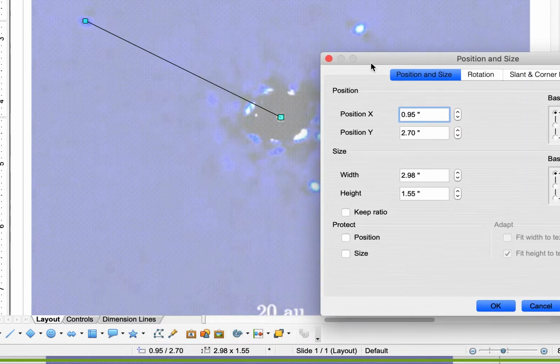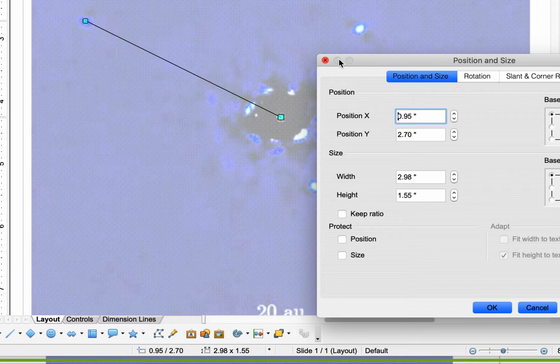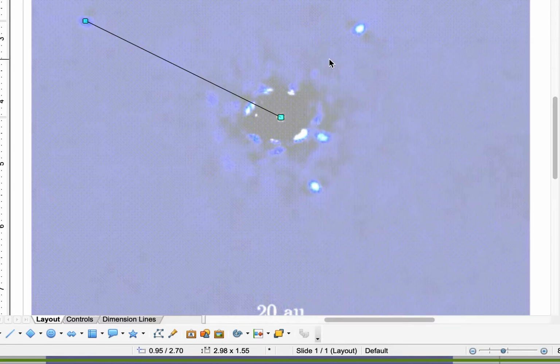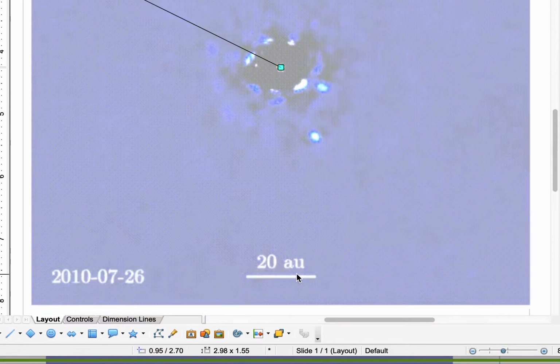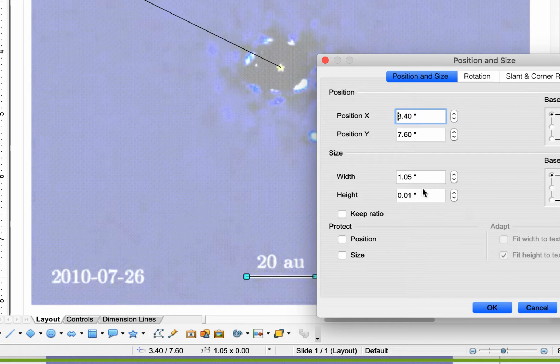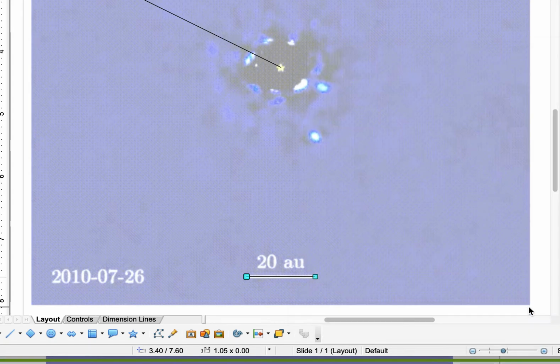Alright, but I gotta use the reference that's given here. They tell you that this line here is 20 astronomical units. So I'd want to measure that in my program as well. That's 1.05 in the program.